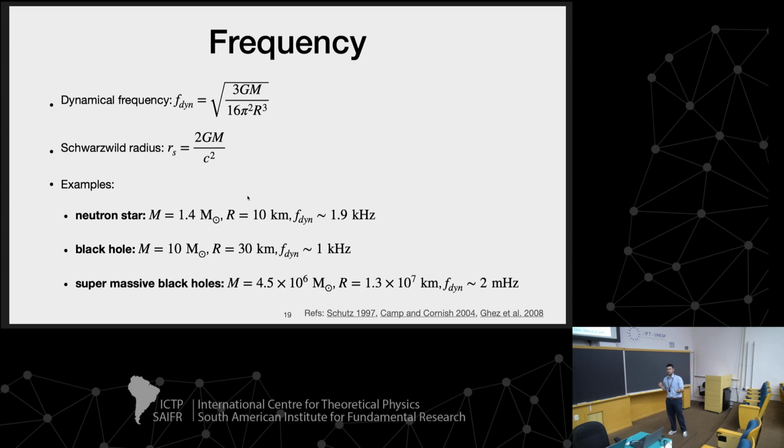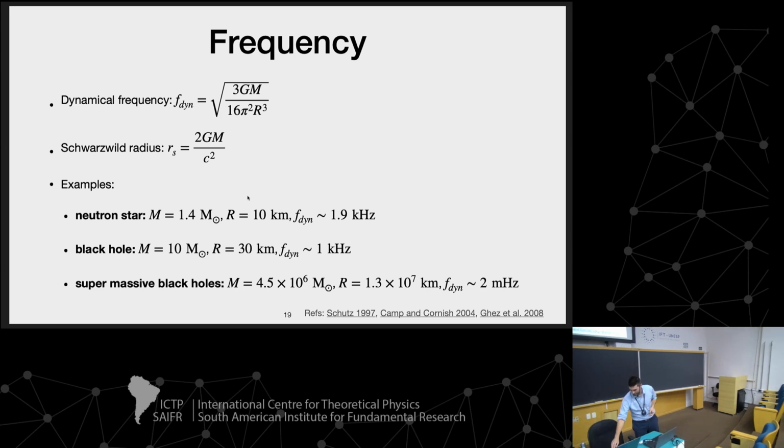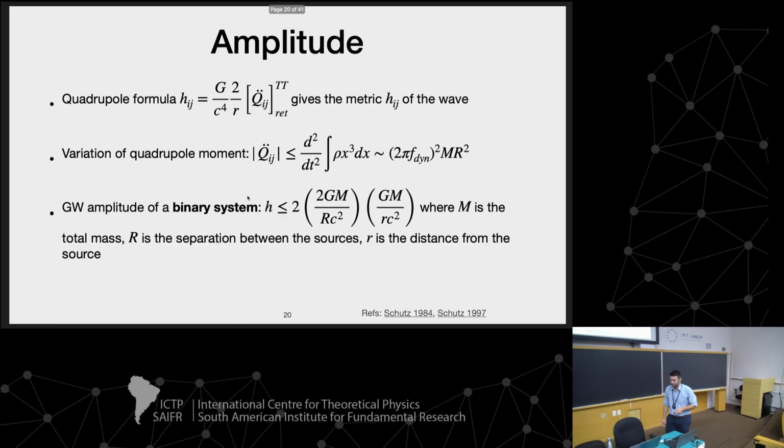So this is to say that if you want to have your detector, and it is sensitive to a specific frequency band, you are going to see some events, not all of them, of course, because frequency is super important.